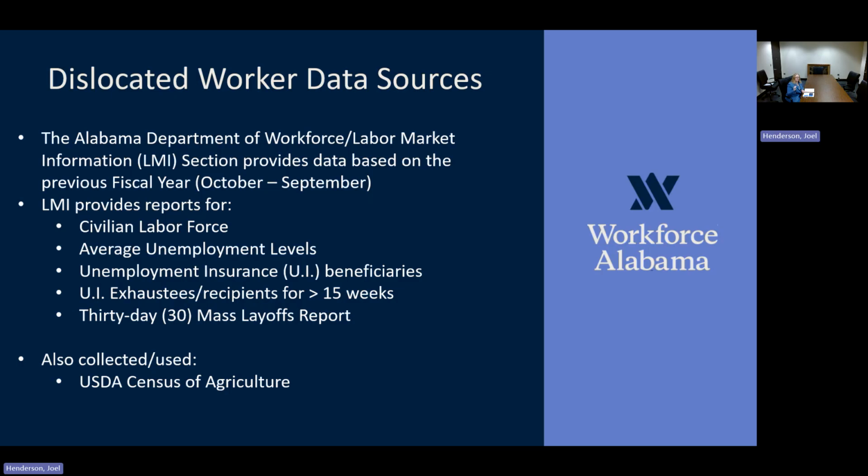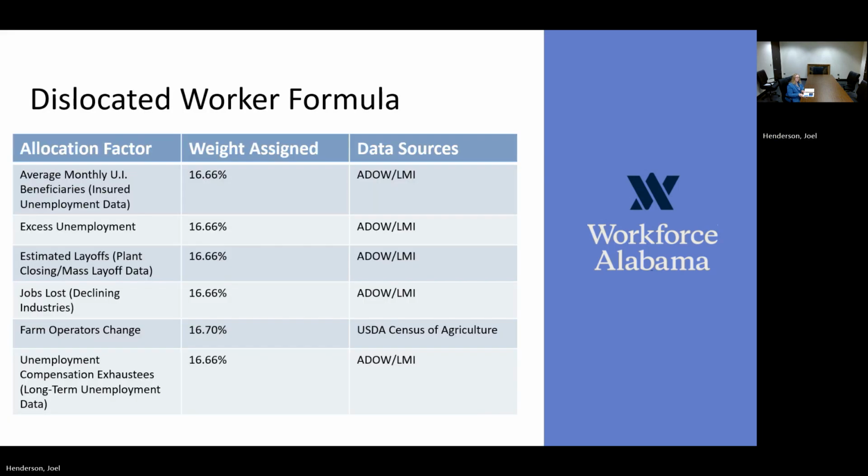In addition to the LMI sources that we have, we also use the Census of Agriculture that is published by USDA. Slide. Okay, this table you see here is actually from our state plan, and it tells you each of the allocation factors.